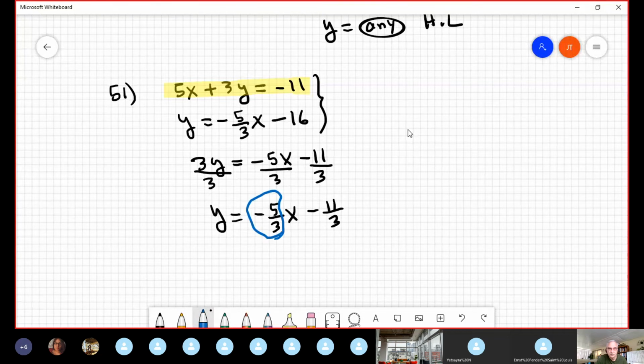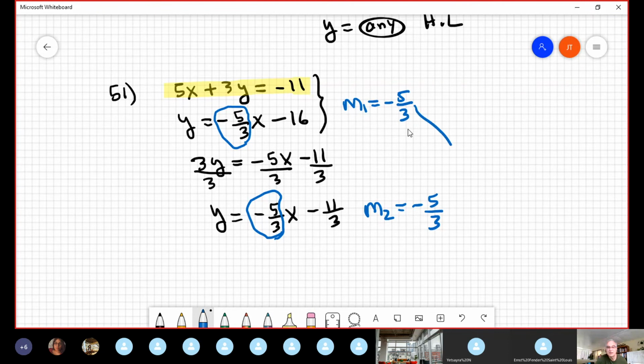This is slope 2, -5/3. And what is slope 1? Slope 1 is this number. It's parallel. So it's the same value, no? And if it's the same value, it's parallel. Confusing, eh? So in the test, you expect something like that.